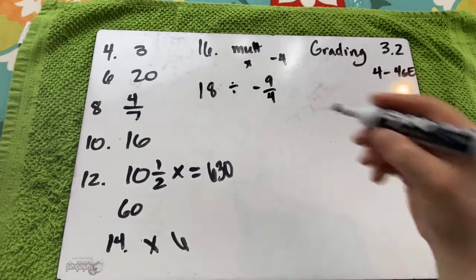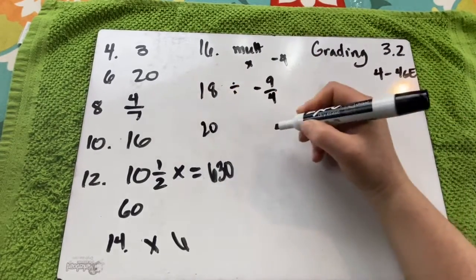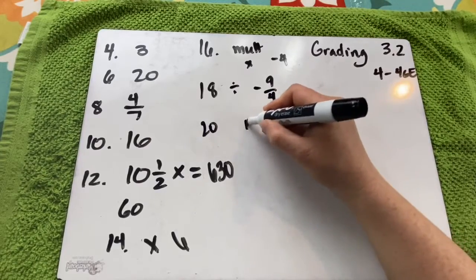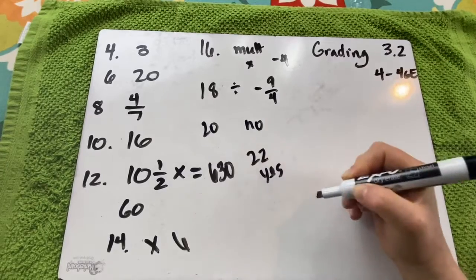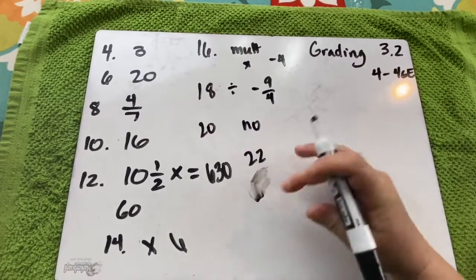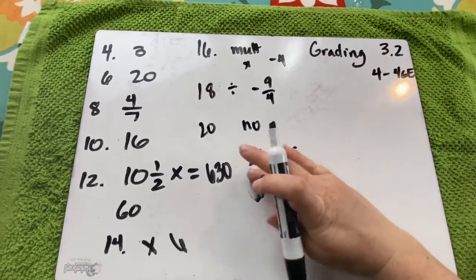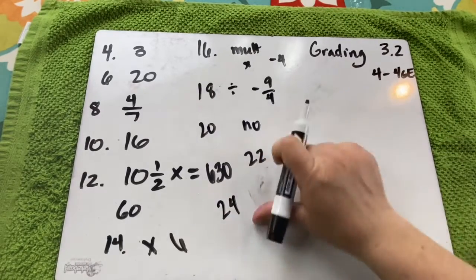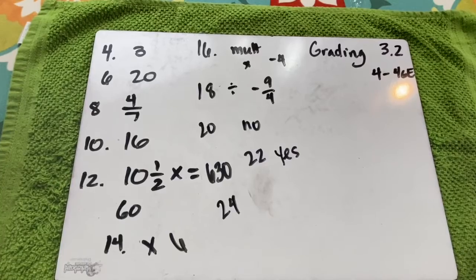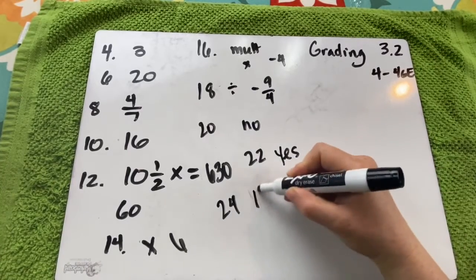Okay. 20 is no. 22 is yes. 24. I don't like that. It's ugly. Okay. 24 is 11.